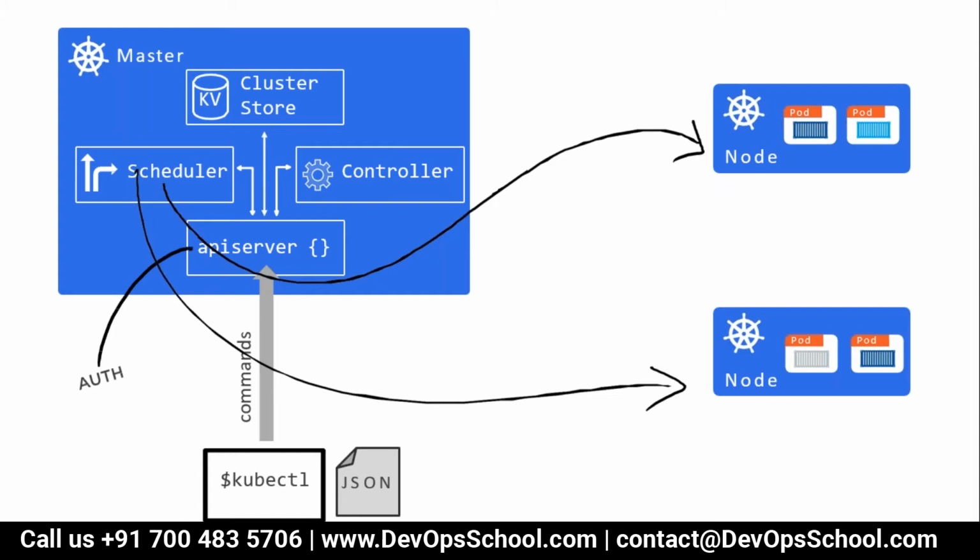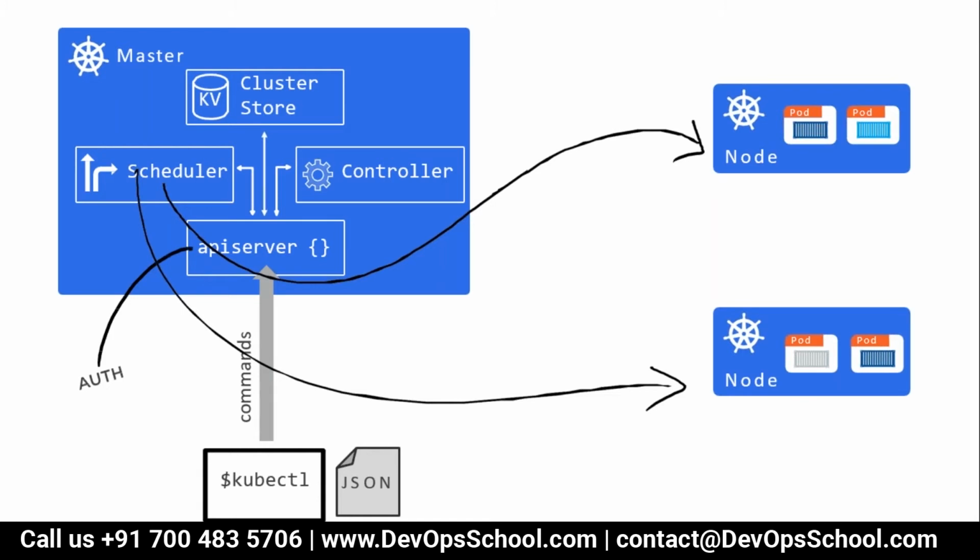One pod may have one container, or multiple containers. We also understand that a pod gets an IP address from the kube proxy, and the same IP address is shared by all the containers of that particular pod. These are the things we have learned, apart from many others.